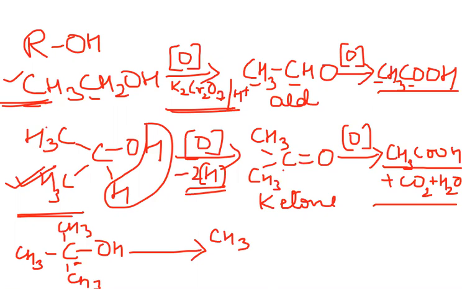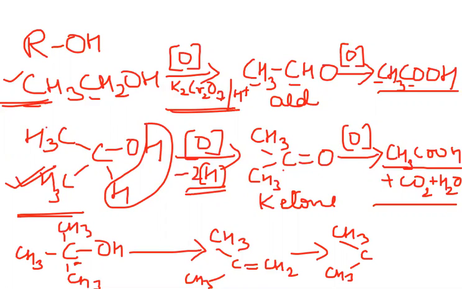So first there is an elimination that takes place, and after that it will convert into CH3, C, CH3. This carbon atom here is going to take up the oxygen, and the other is going to be lost to form CO2, and of course H2O will be formed because it is undergoing oxidation. So that is the thing.